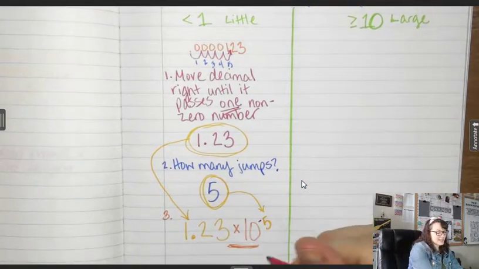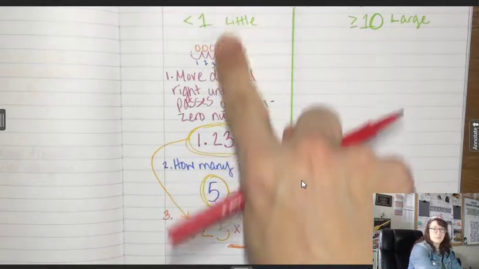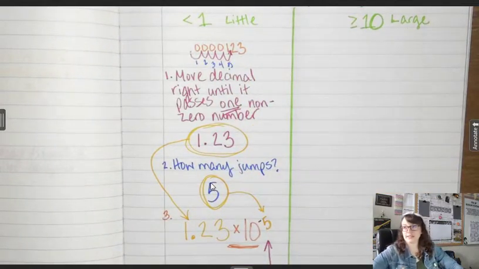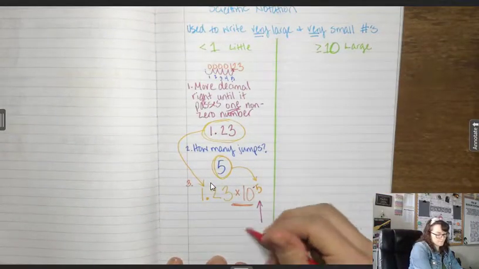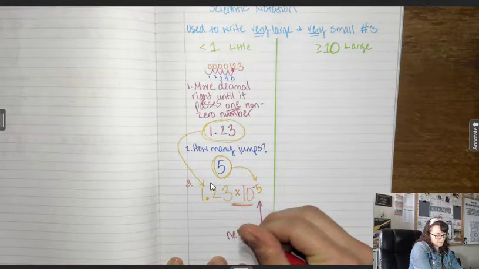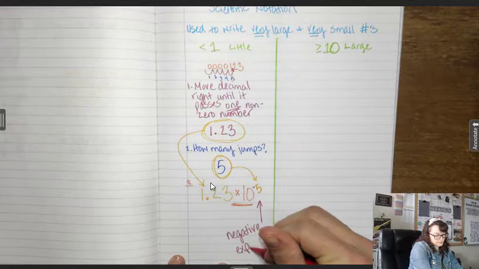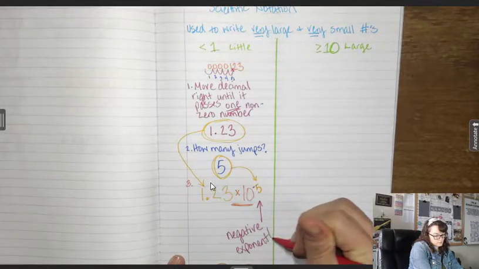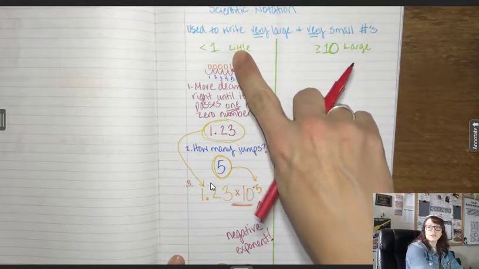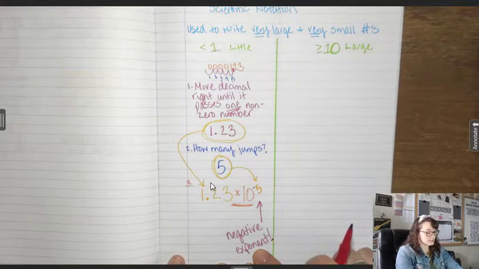So this side, little numbers, the exponents are negative. Negative exponent. If it's a little number, it gets a negative exponent.